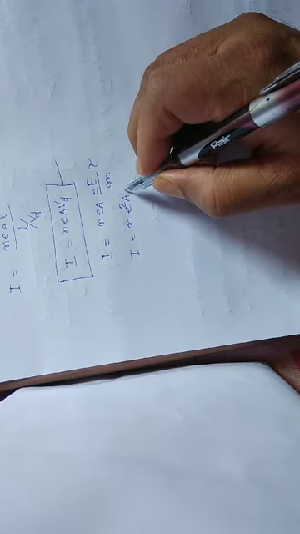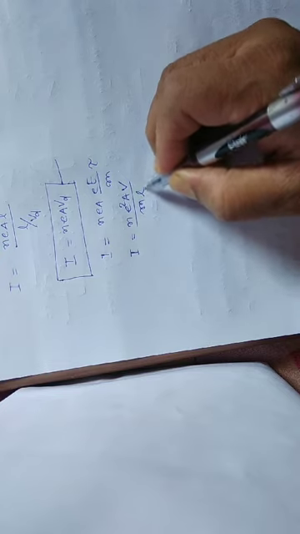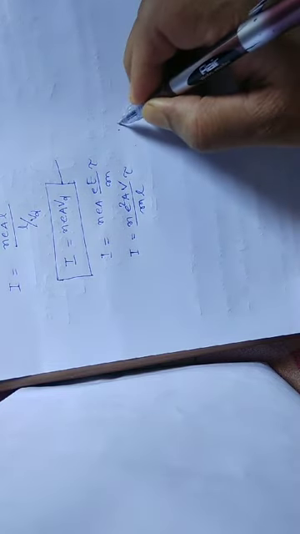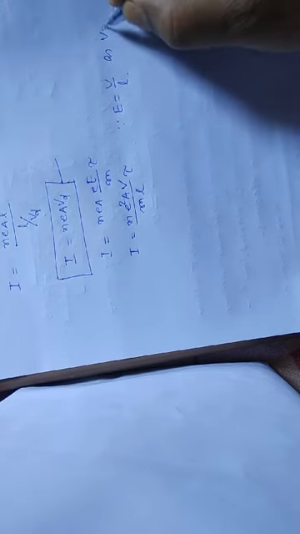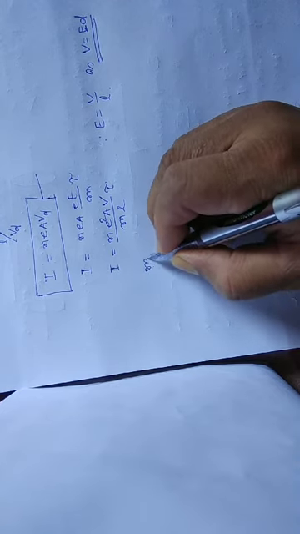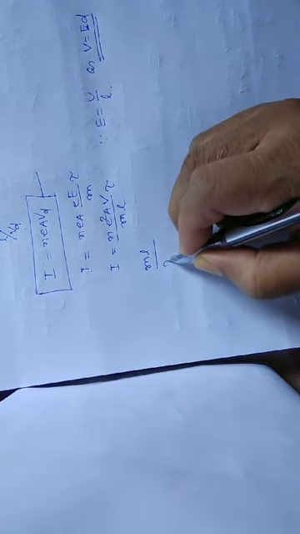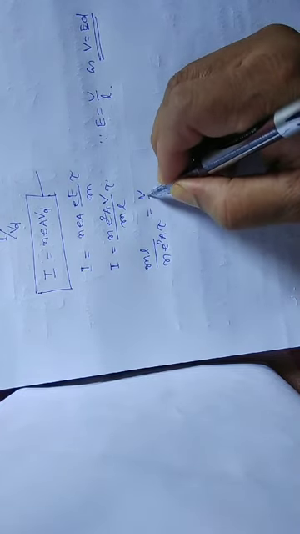In place of E we can write V by L, as V is equal to E into L. So this may be written as m L by n e square A tau is equal to V by I.